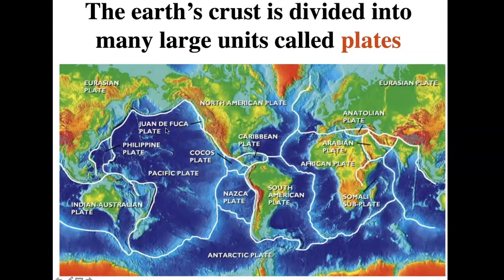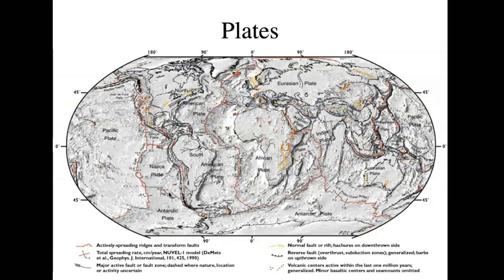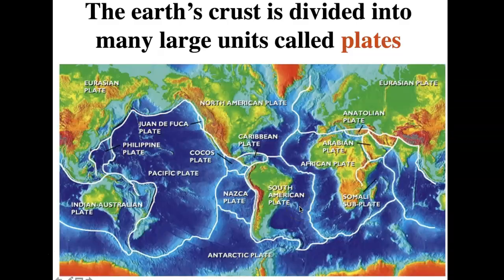We also aligned that with our earthquake activity and our volcanic activity. And that's how we ended up delineating these big plates on the Earth's surface. And so again, the Earth's crust is divided up into all these large plates. And we can see that here, they delineate them here, and then it's a little easier, I think, to see here.